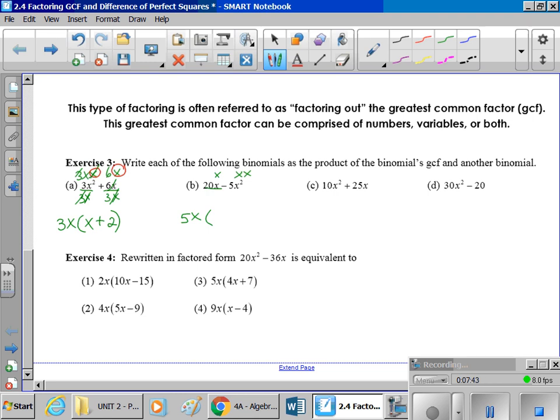So divide each of these by 5x, and here the x's cancel, and I'm left with 4 minus, and then here the 5's cancel and one of these x's cancel, but I'm left with an x. So 4 minus x.